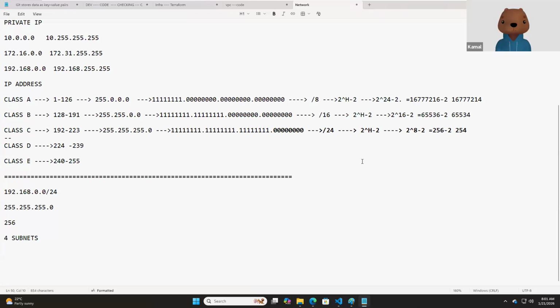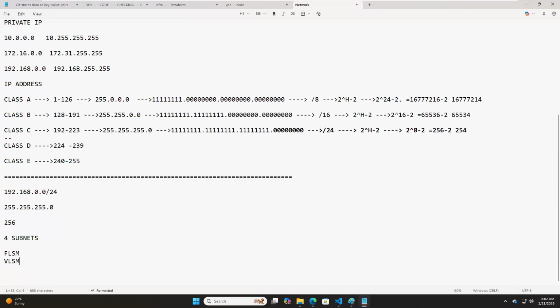Okay. So we require four subnets. Now how are we going to divide a single network into 4 small networks? Coming back to the point, now we are going with the concept of FLSM, fixed length subnet mask. There is another concept called VLSM, variable length subnet mask.